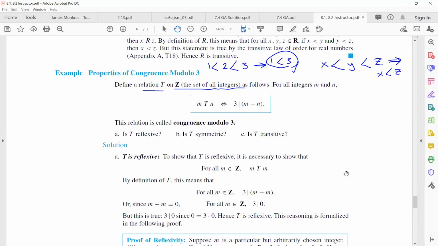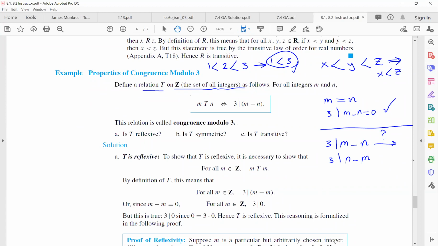We can prove it. Of course, if m is equal to n, 3 divides m minus n, which is 0. That's for reflexive. That's obvious. For symmetric, let's go over symmetric first. Suppose 3 divides m minus n. Your goal is to show that 3 divides n minus m.